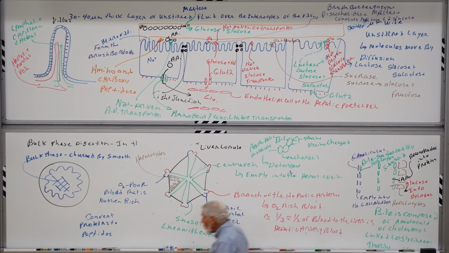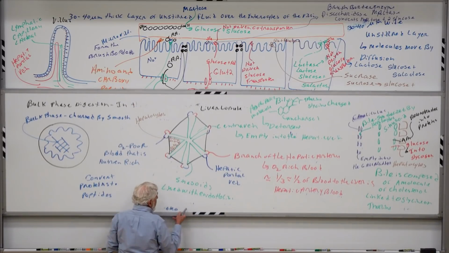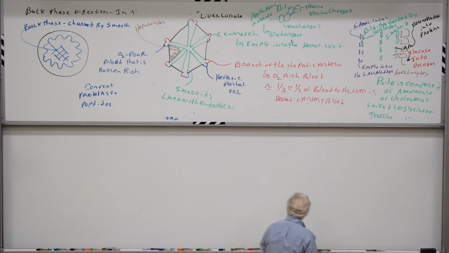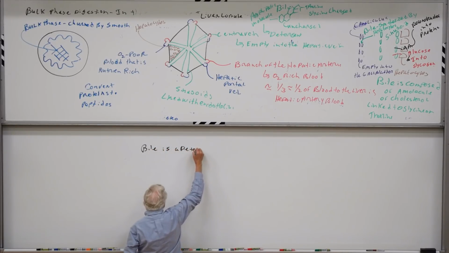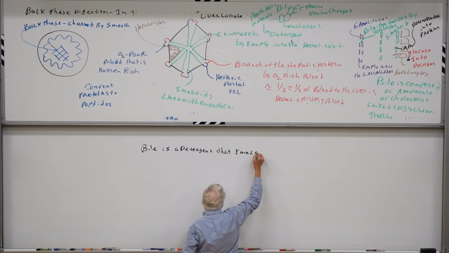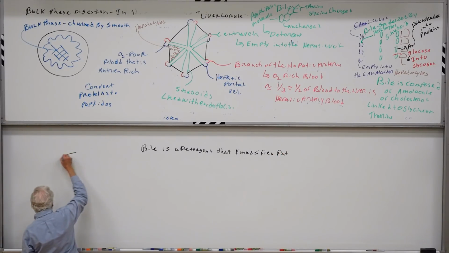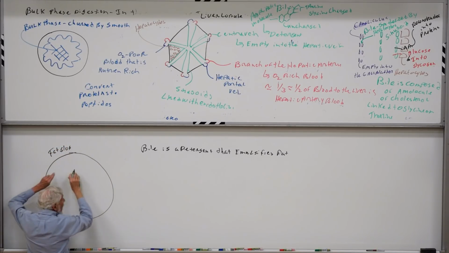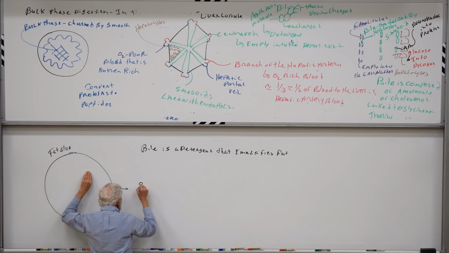Now, in the last couple of minutes, let me tell you what the bile does. Bile is a detergent that emulsifies fat. Basically, it takes these great big globs of fat, which don't interact easily with water, and by interacting with the globs of fat, it converts them down to tiny BBs.